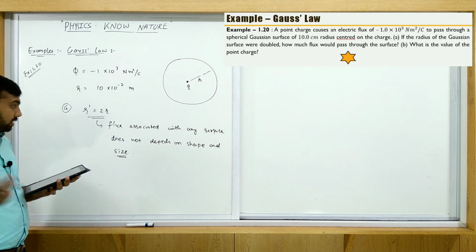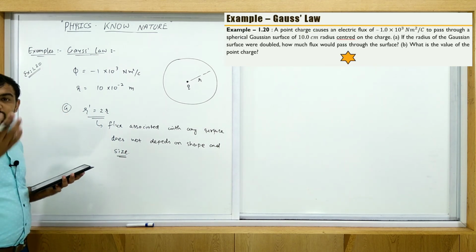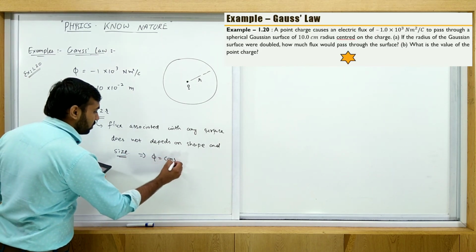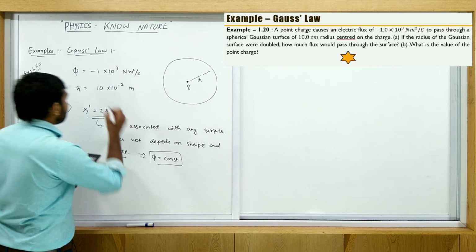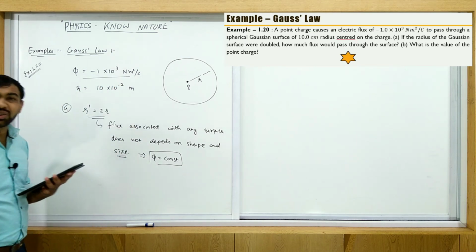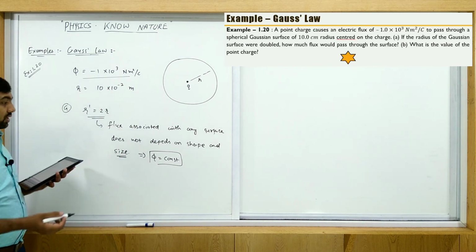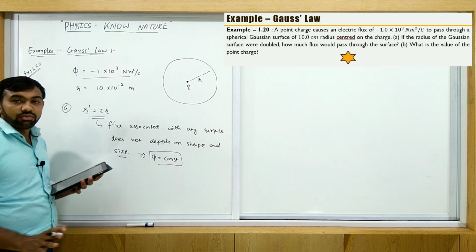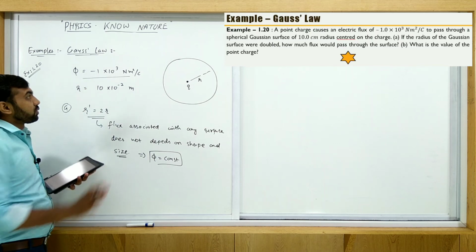If you just consider that this radius becomes double, flux does not change. So here flux is constant. Initial flux is -1 into 10 raised to 3 Newton meter square per coulomb. Then the final flux is also the same, phi is equal to -1 into 10 raised to 3.